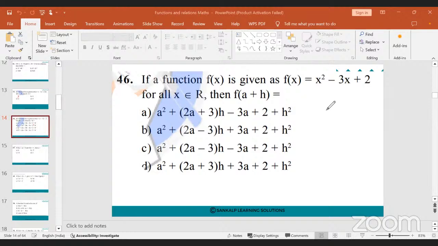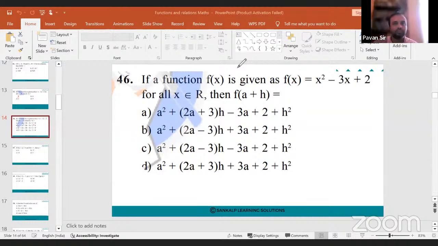Again, 10 seconds time for you. Try to solve this and give the answer. Swati M already gave the answer as B.